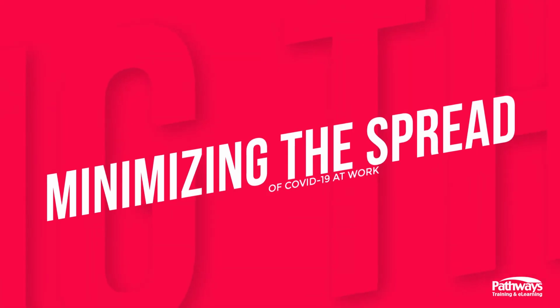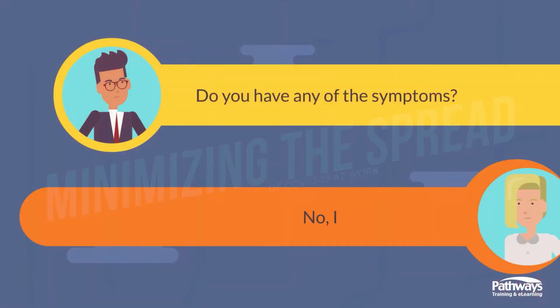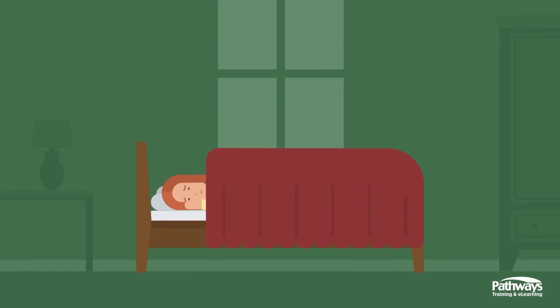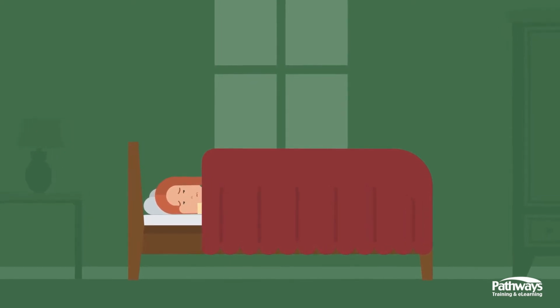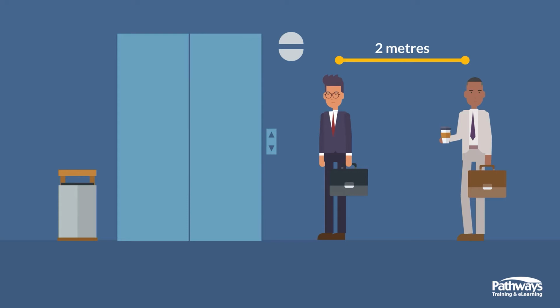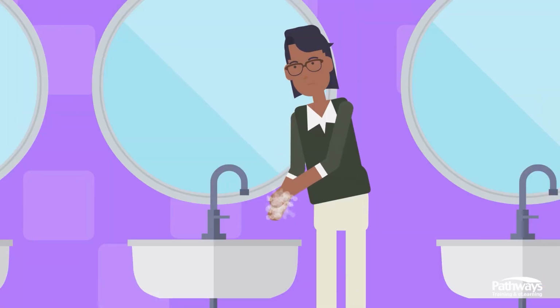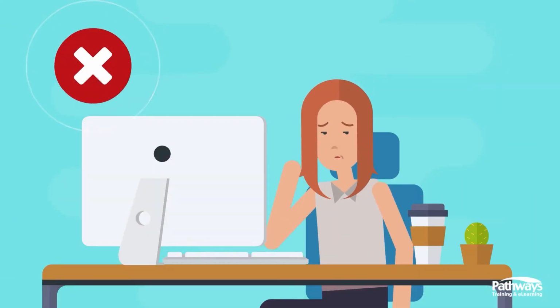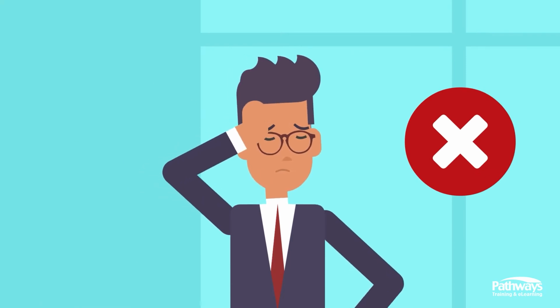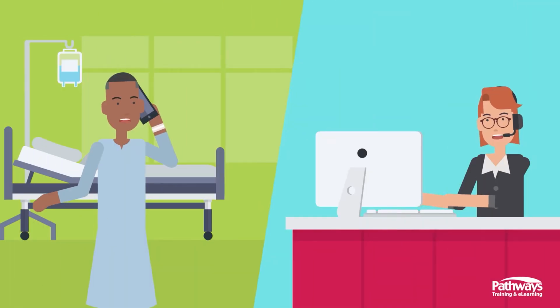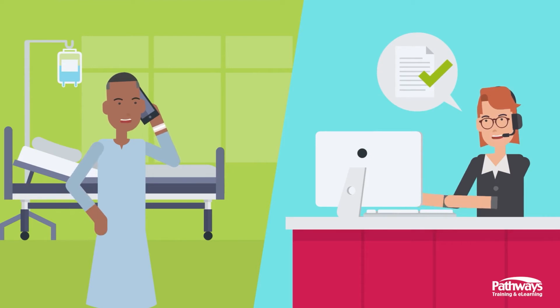To minimize the risk of spreading the disease in the workplace, you should screen workers, support people with symptoms to self-isolate, ensure people maintain a physical distance of 2 meters or more, disinfect surfaces and objects, support hand hygiene, particularly hand washing, remind workers about good cough and sneeze etiquette and to avoid touching their face, and work with local public health units if any workers have COVID-19 or are exposed to someone with COVID-19.